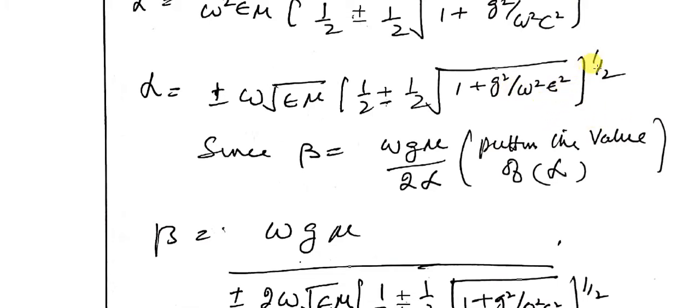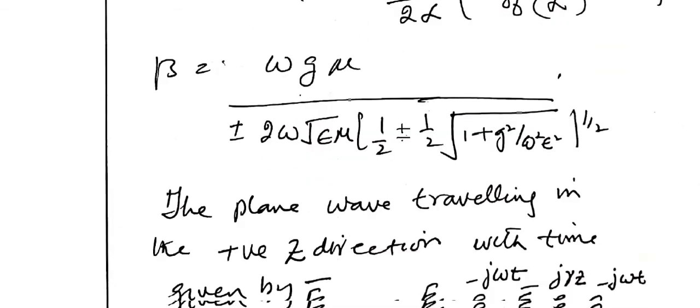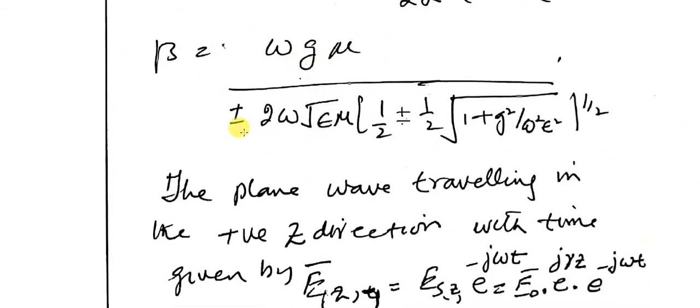Since beta is equal to omega g mu by 2 alpha, now putting the value of alpha in this equation, we get beta as omega g mu over plus minus 2 omega epsilon mu under root 1 over 2 plus minus this whole term of the alpha.